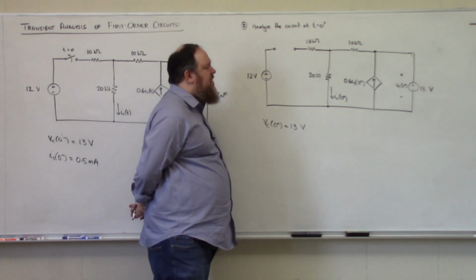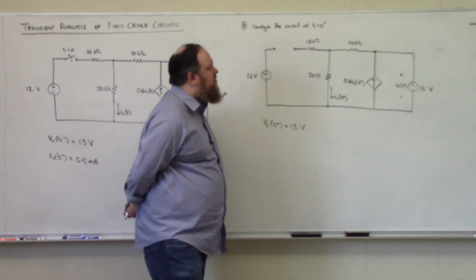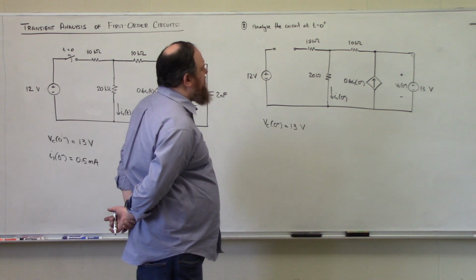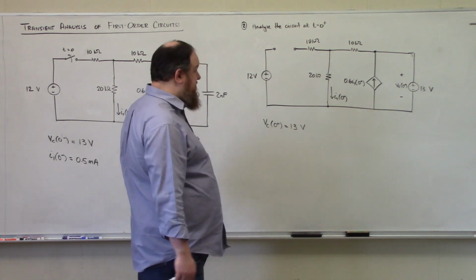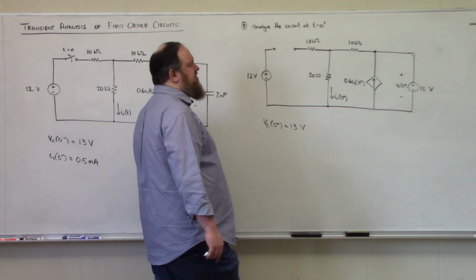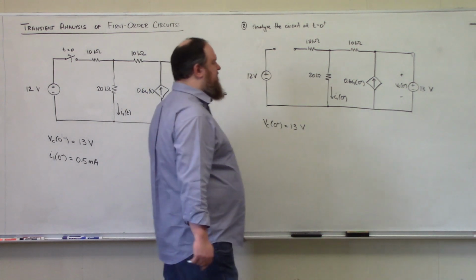That being said, the presence of the dependent source worries me a smidge, so it may not be the most efficient method to go with, but I'm going to use mesh analysis to just make sure that my intuition is correct.